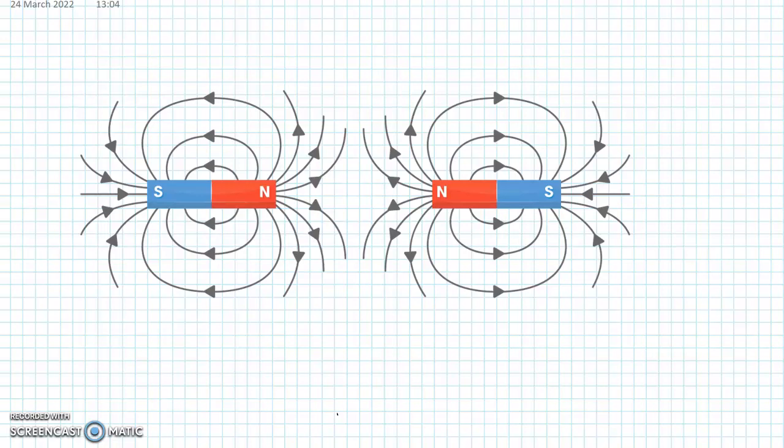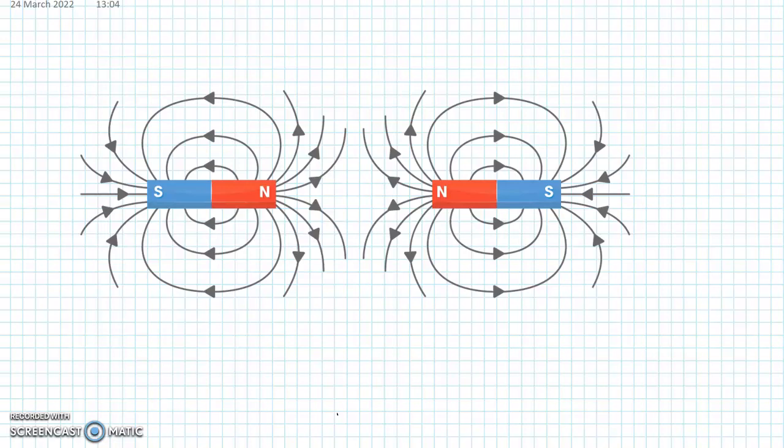In this lesson, we're going to look at basic magnets, starting first with the bar magnet. A bar magnet is a permanent magnet which produces a magnetic flux which flows from the North Pole to the South Pole.